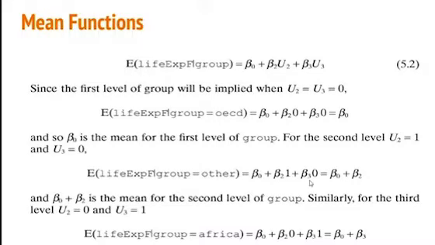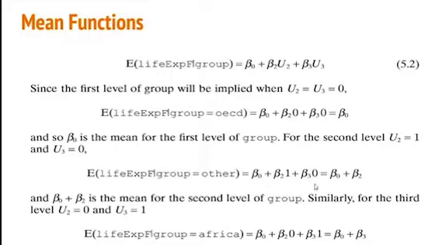The takeaway from here: the mean of the first level is the intercept, period, beta naught. The mean of the second level is beta naught plus B2. And the mean of the third level is beta naught plus B3. That is the takeaway.